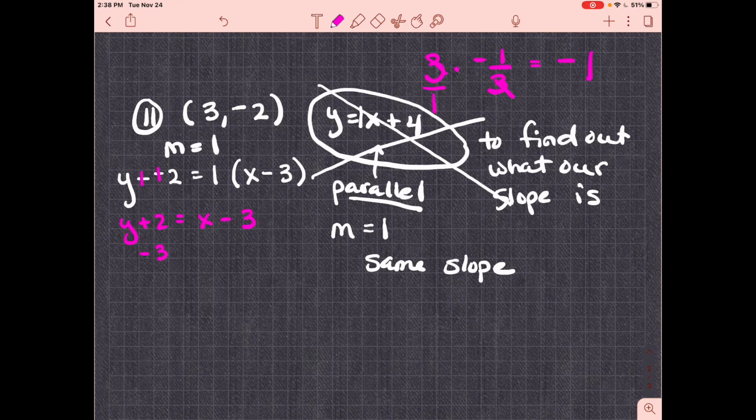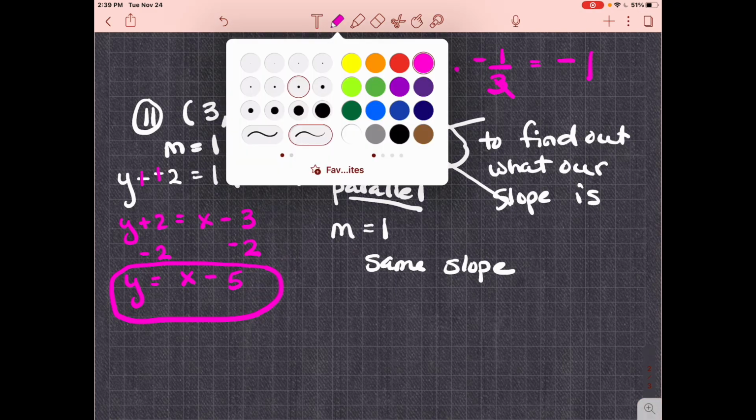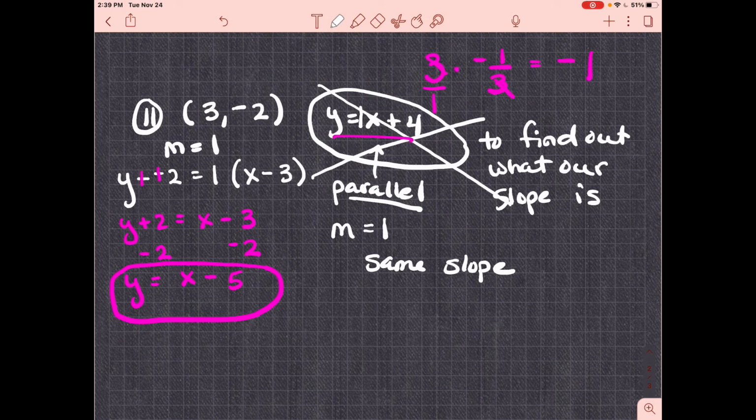Then I'm going to subtract 2 from both sides, not some mysterious 3 that doesn't exist, so that I get y equals x minus 5. This is the equation that I was looking for. This is the line I wanted to talk about, not this one. That one we just throw away because we don't need it. All right.